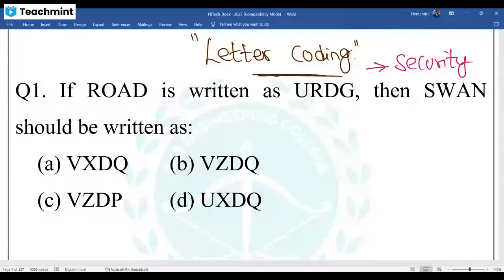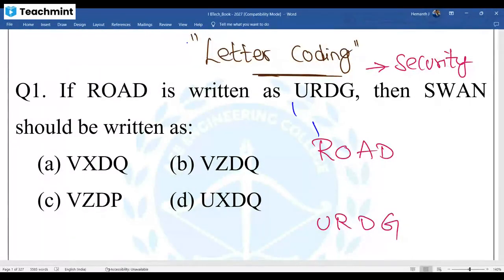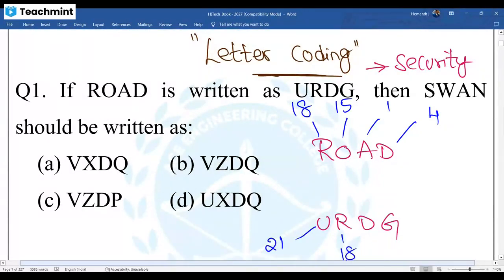Here, what they have given is ROAD coded as URDG, right? Those who know the value of each letter, fine, or else take the table and look at that reference. R is 18, O is 15, A is 1, D is 4; U is 21, R is 18, D is 4, G is 7.